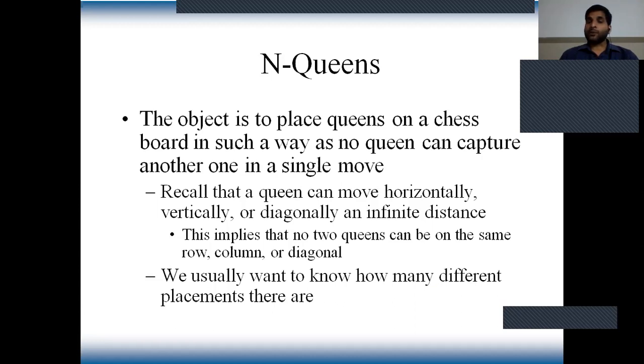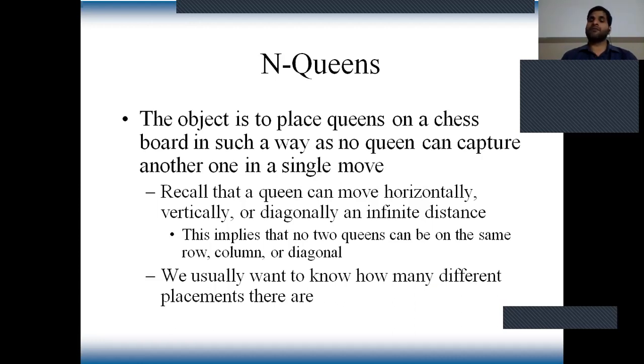We know that the queen can move horizontally, vertically, or diagonally an infinite distance in chess. So this implies that no two queens can be on the same row, column, or diagonal.